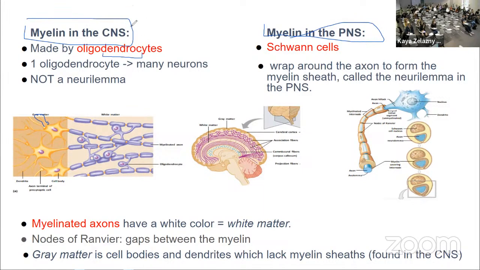Maybe that can help you remember that it's in the central nervous system. And the one oligodendrocyte can go out to many neurons. Okay. Still makes myelin, but this neurolemma name is specific to the structure you see in the peripheral nervous system. Peripheral nervous system, don't got a trick for you. These are just Schwann cells wrapping around forming this package.